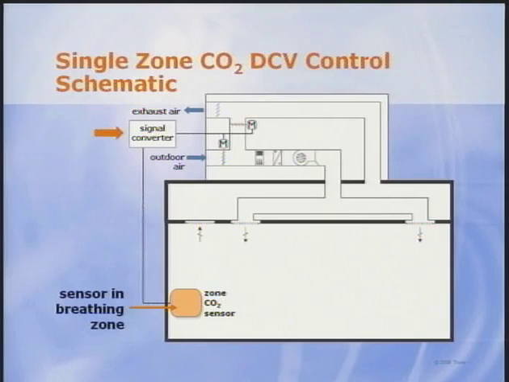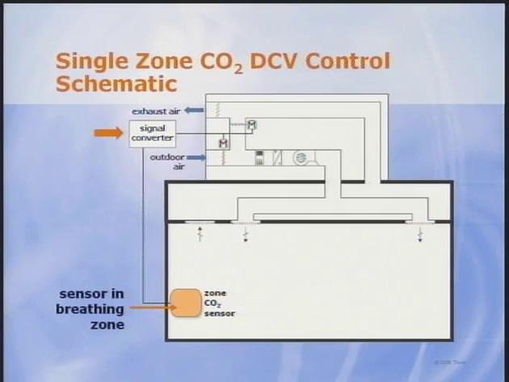Next, we have the signal converter or relay, if one is required to convert the signal from the sensor to the signal expected by the return air and outdoor air damper actuators. If the damper actuators accept a standard 4 to 20 milliamp signal, no converter is generally needed, since most commercial CO2 sensors can be adjusted to provide a 4 to 20 milliamp signal proportional to CO2 concentration over an adjustable range.